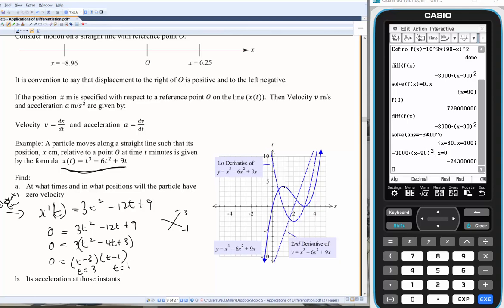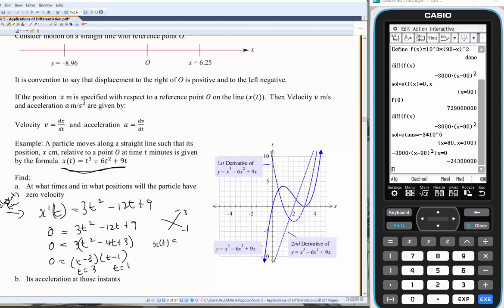Now let's see if that sort of sounds right. There it is there, zero velocity there and zero velocity there, which means if you look at our first derivative function, this parabola here, you can see it's got zero velocity there and zero velocity there. So it seems to be working. Now what we're going to do is do x of t to find out its position there, and the answer should be 4 and 0. Let's just see whether that's the case. So I'm going to slam it into this first one here.